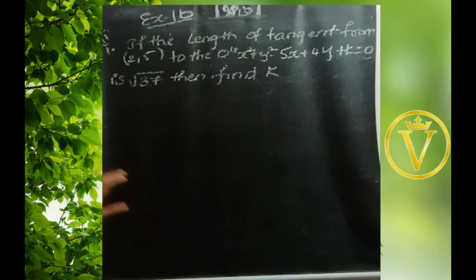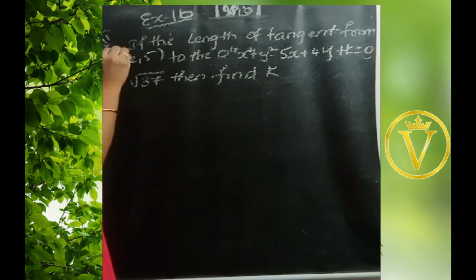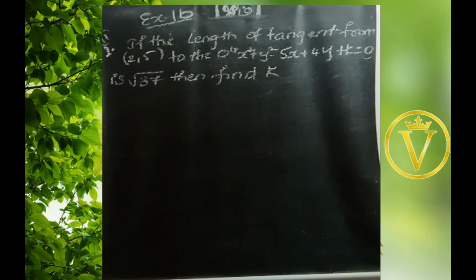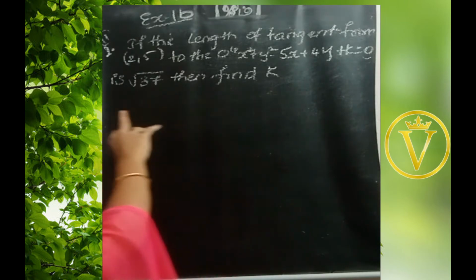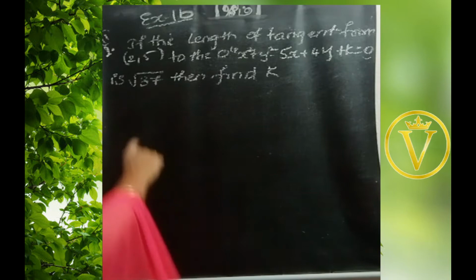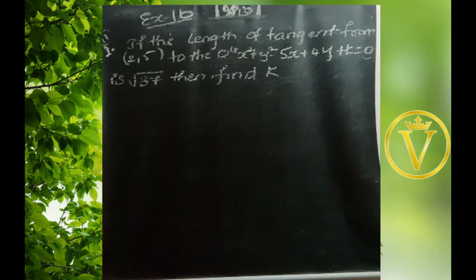So this is our Roman second problem. If the length of the tangent from (2, 5) to the circle, they have given the circle equation, is root 37, then we have to find the k value. Same as before.